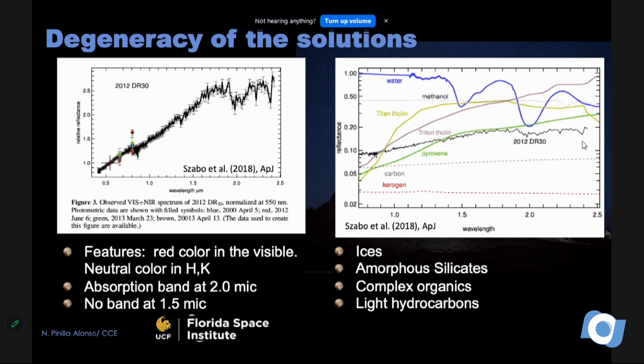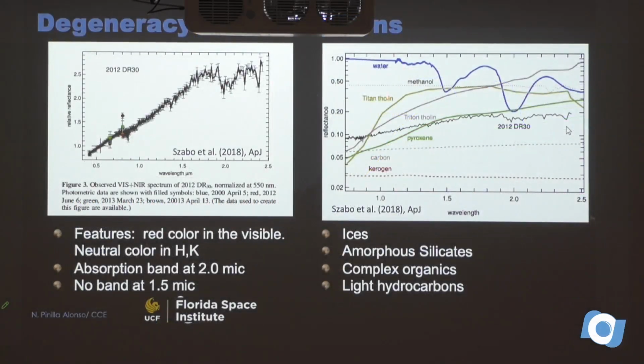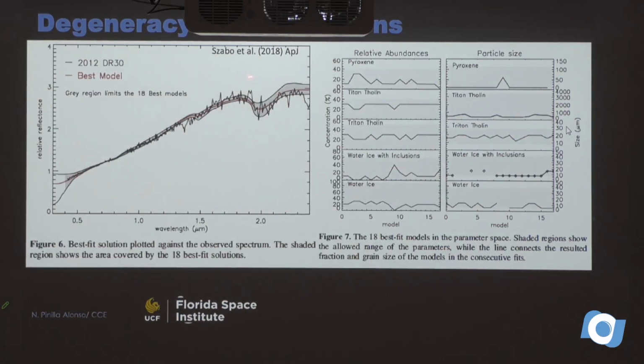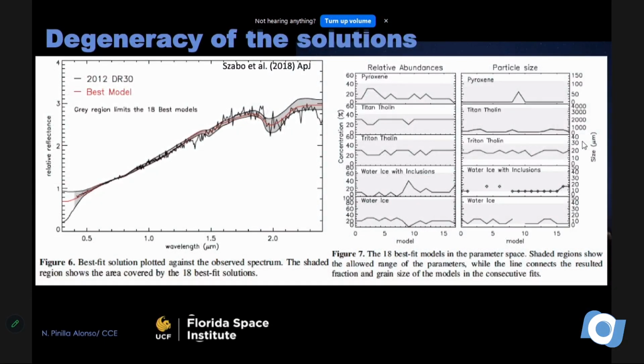And this is another example of a surface here with only one band at 2 microns that could be water ice. So we started with this collection of materials. This is the same spectrum in a different scale. And what we got at the end was a collection of models where we extract the 18 best ones that fit this spectrum with the same statistical significance.